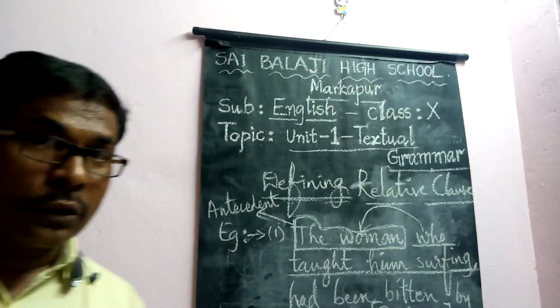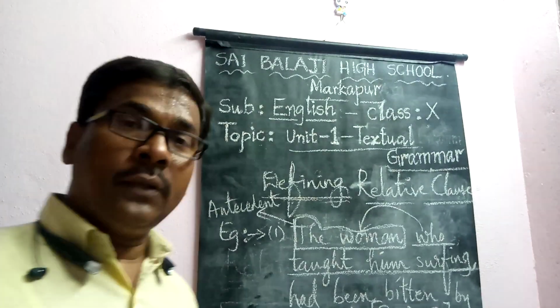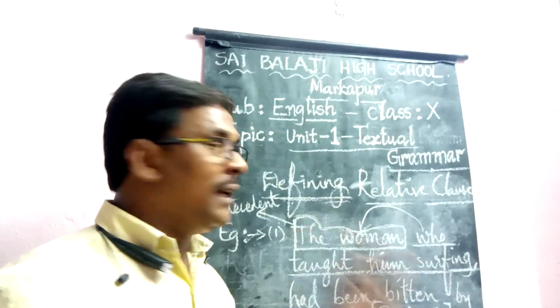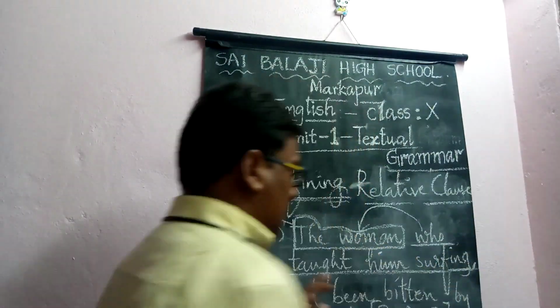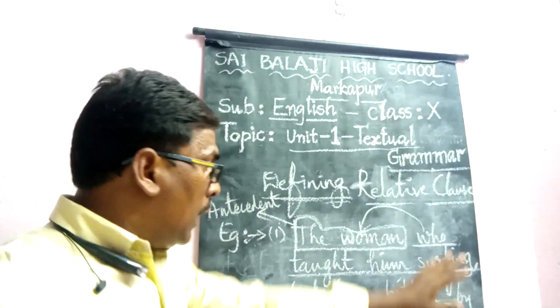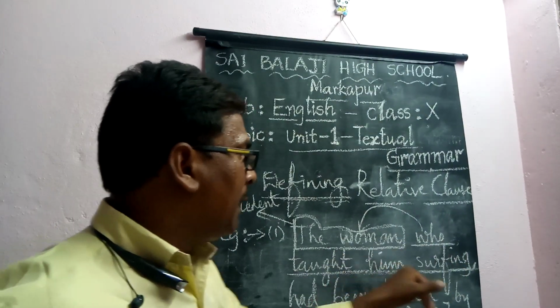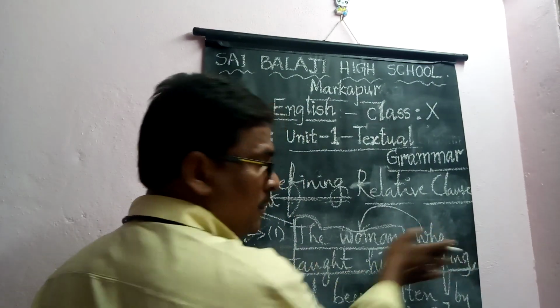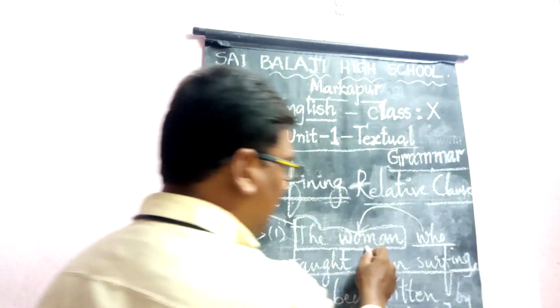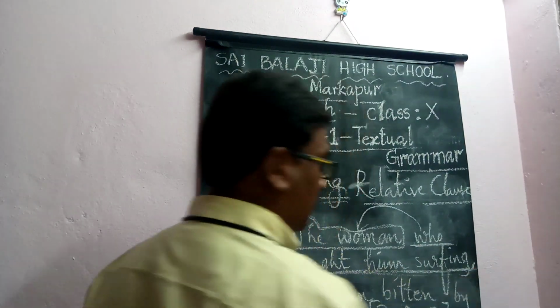Then we have to put the question, how can we find whether it is a defining relative clause or non-defining relative clause? We have to do one thing: just remove the relative clause part in the sentence, who taught him surfing. Remove this part for a while, afterwards read the sentence.